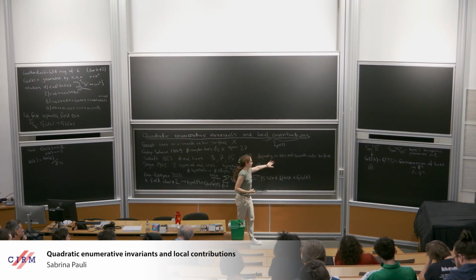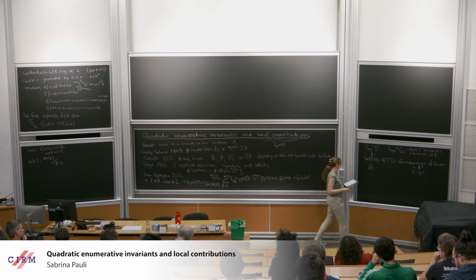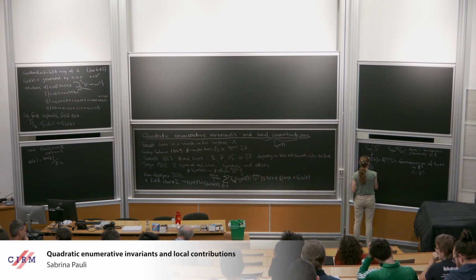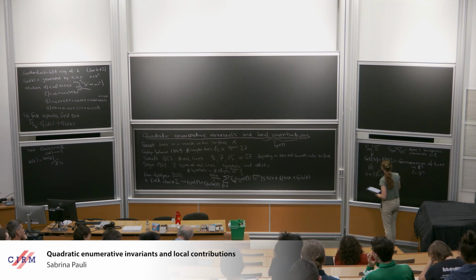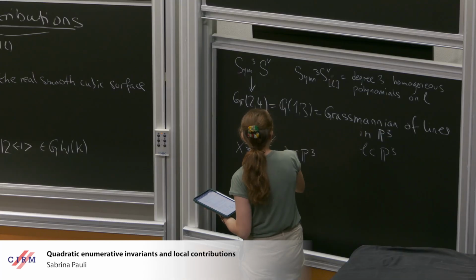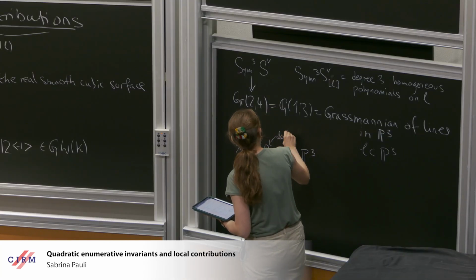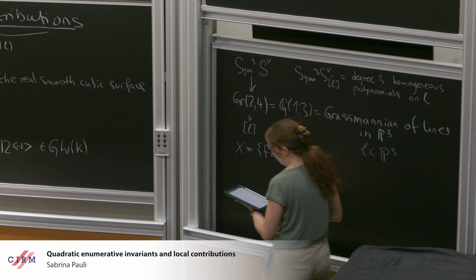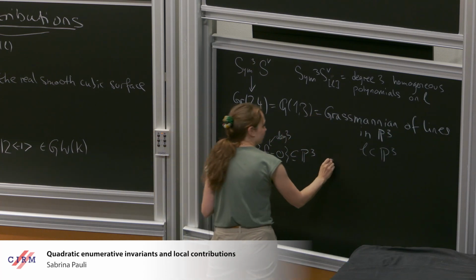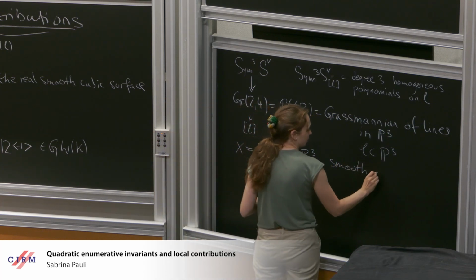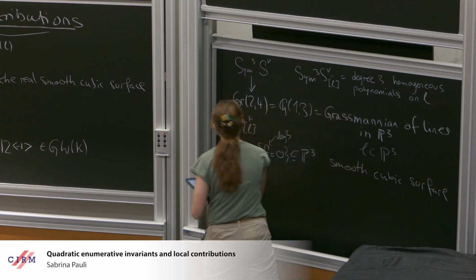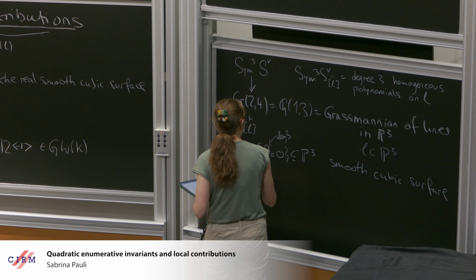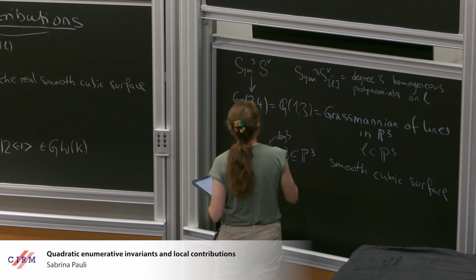So what does this have to do with this problem? If you have a smooth cubic surface defined by a homogeneous polynomial f in 4 variables, of degree 3 for a cubic surface, then this gives rise to a section of this vector bundle.